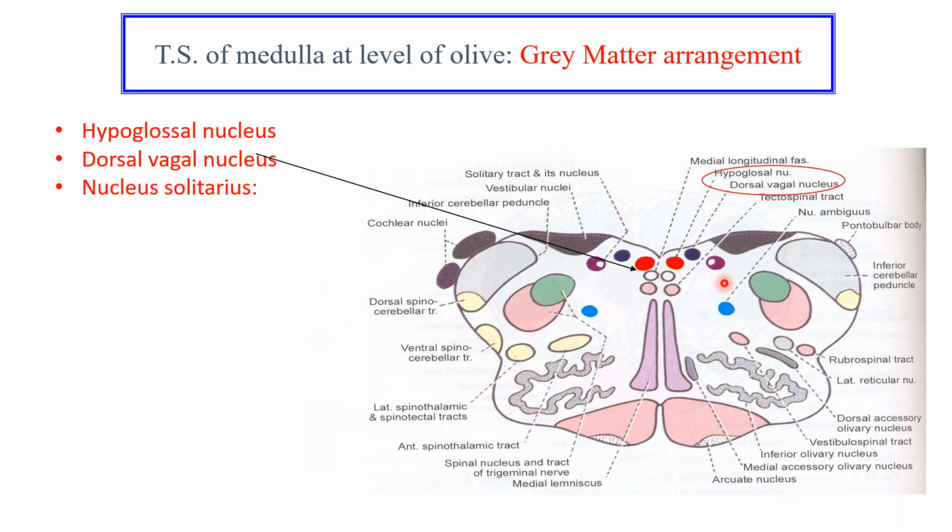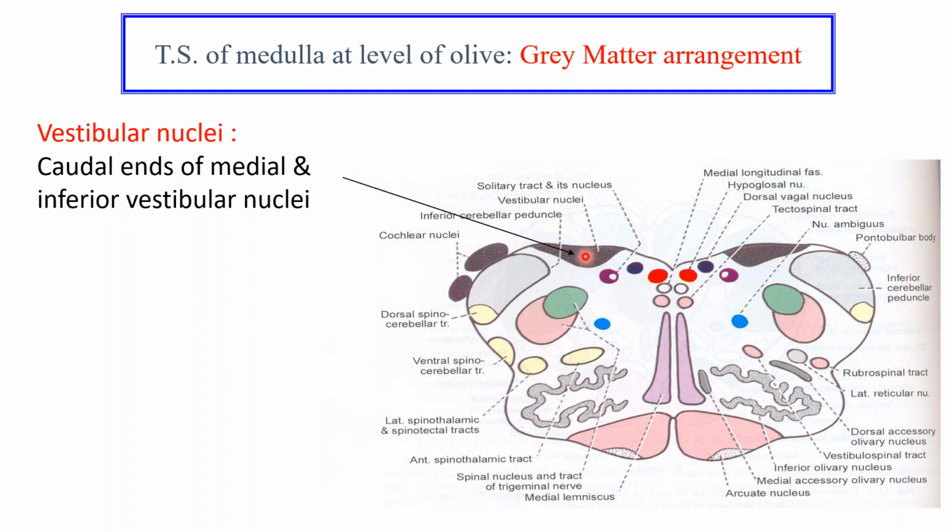Then you see the hypoglossal nucleus, the dorsal vagal nucleus, and the nucleus of tractus solitarius. These are the nuclear columns in the gray matter, which has been shifted to the ventricular floor, more to the posterior aspect. Remember, in all pictures you have to draw the arrows denoting the directions; I missed making them.